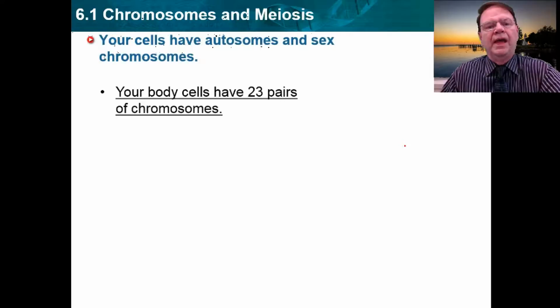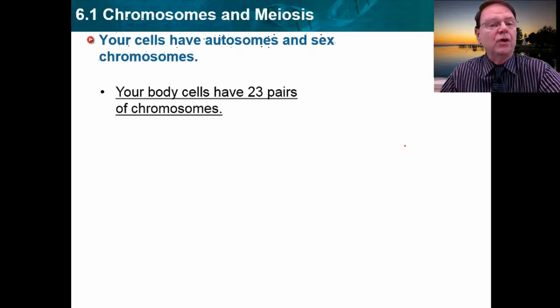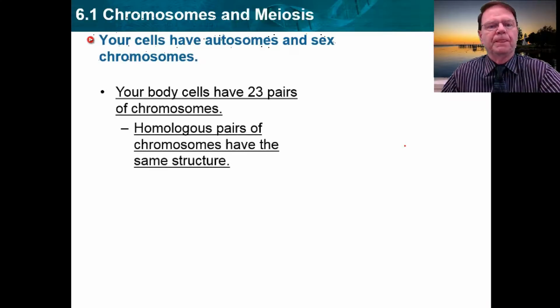Okay? And there are 23 pairs of chromosomes in your body, including the sex chromosomes. These are homologous pairs of chromosomes that have basically the same structure. Now, when I say basically the same structure, I want you to look down at the shoes that you're wearing right now.